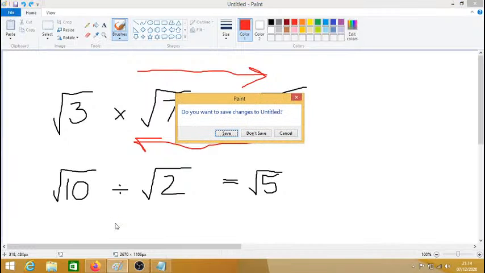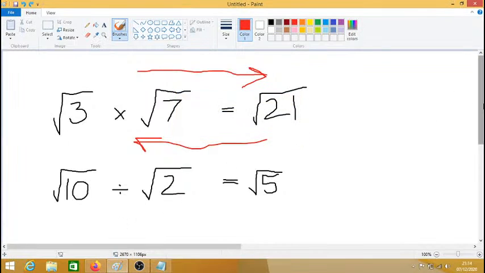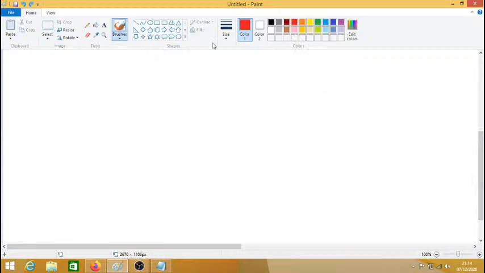It doesn't matter which way you go as long as your math is correct. So let's choose, for example, the square root of 10. I wanted to split that. Well, I know that 2 times 5 is 10, so I can write that as the square root of 2 times 5.